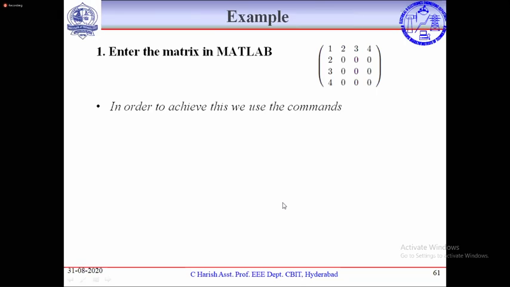Okay, now coming to entering the matrix. In order to achieve this, what are the commands we can use? Tell me. What are the different solutions for this matrix if I want to enter it?